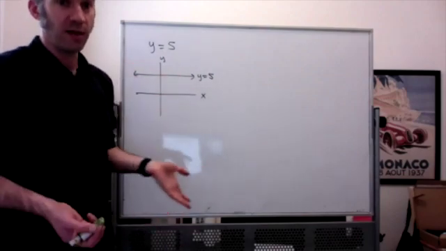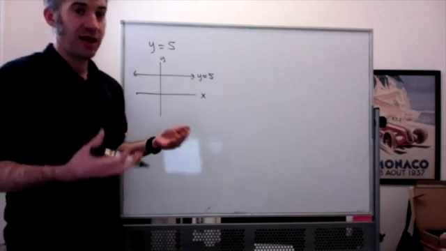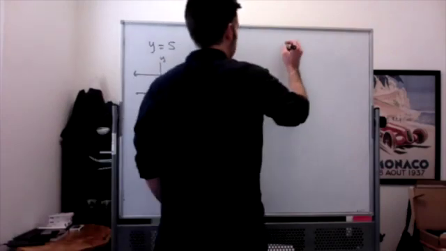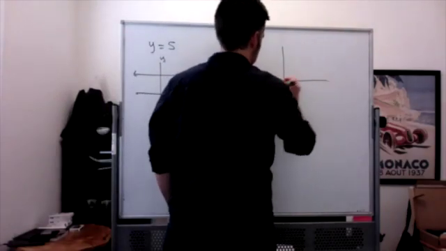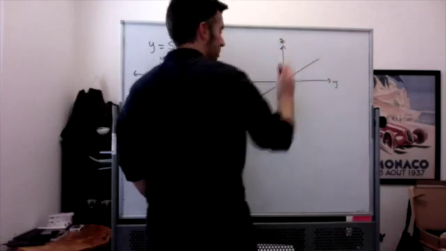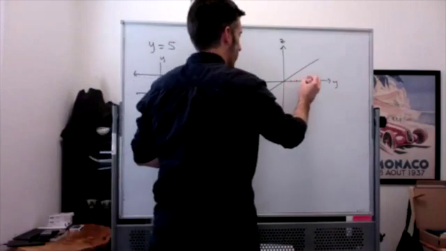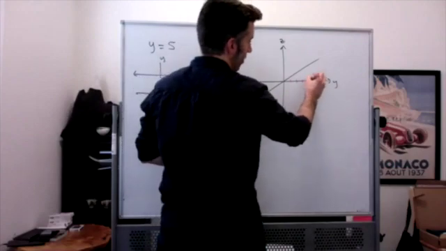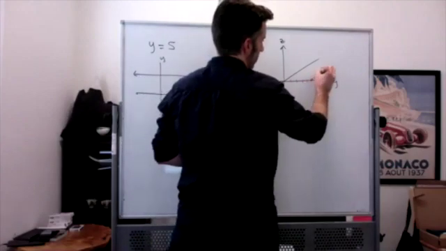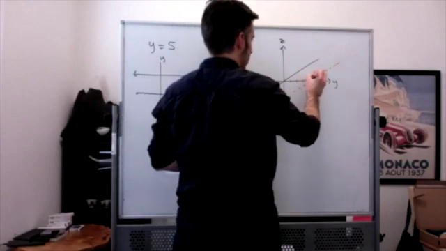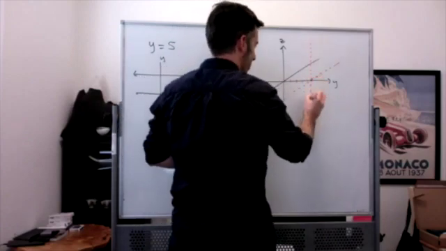In 3 dimensions, if you say y equals 5, x and z are both free to roam. Let's try using some different colors here. If I go over 1, 2, 3, 4, 5, there's y equals 5. But then x can go any amount backwards and forwards, and z can go any amount up or down.